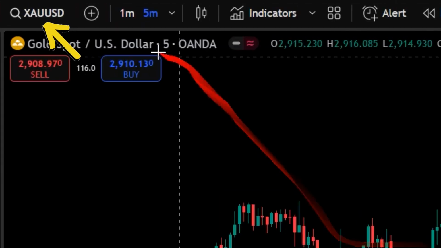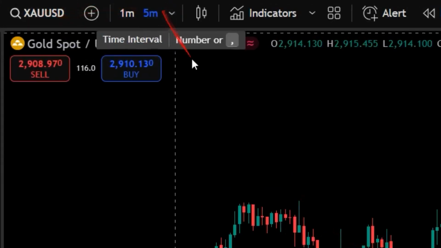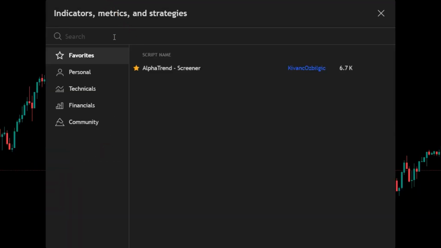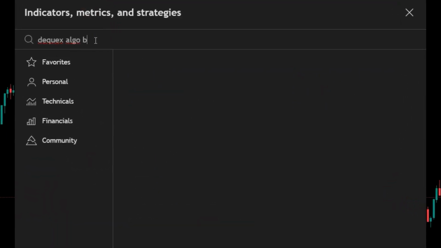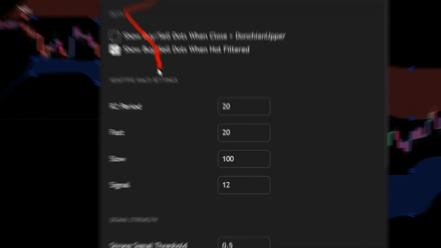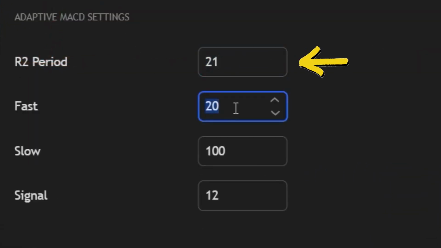First, choose your symbol and time frame, then add the Forex Algo BIST indicator to the chart. Now go to its settings and make the changes step by step with me.